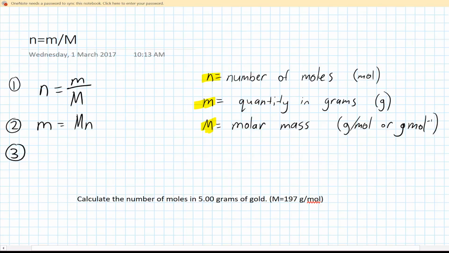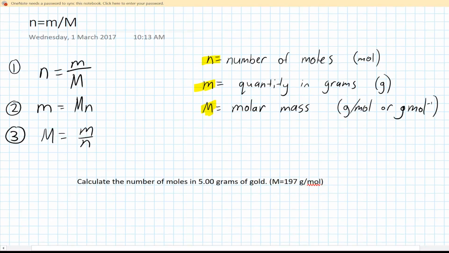And we can also rearrange it to get a formula for molar mass, but that one's not as useful because we get molar mass from the periodic table. We don't need the formula to figure that out. So equation 1 and 2 are the main ones you'll be using.